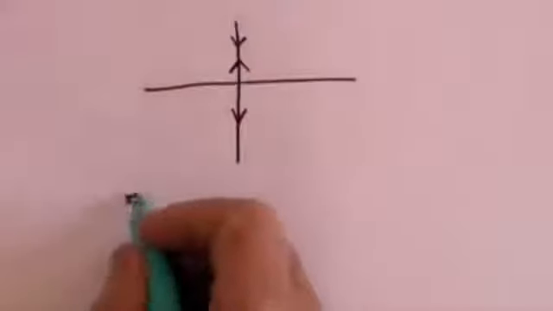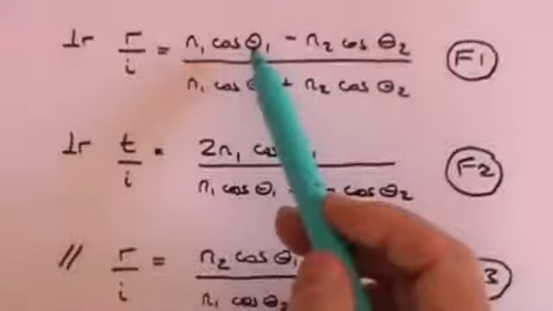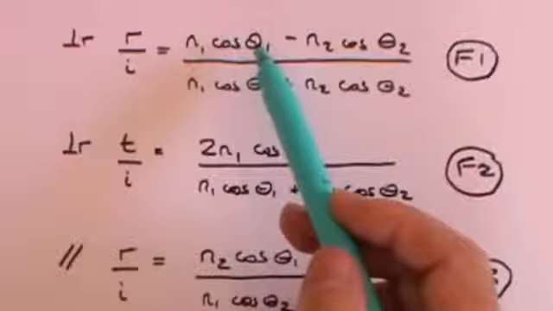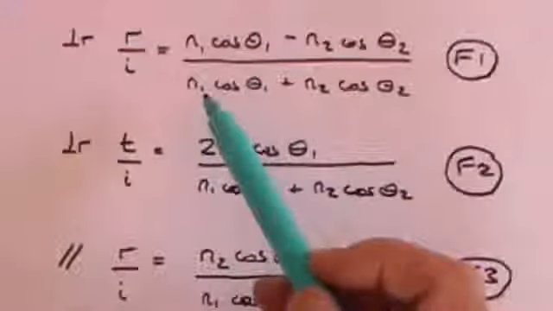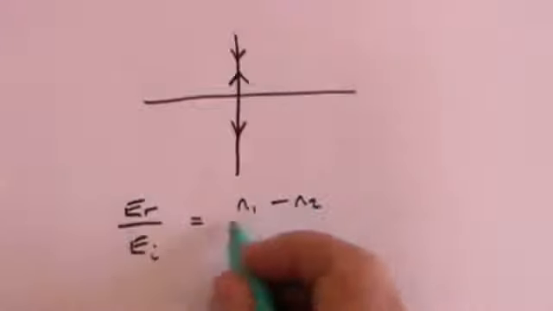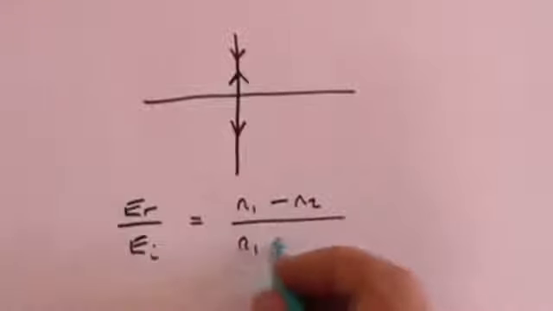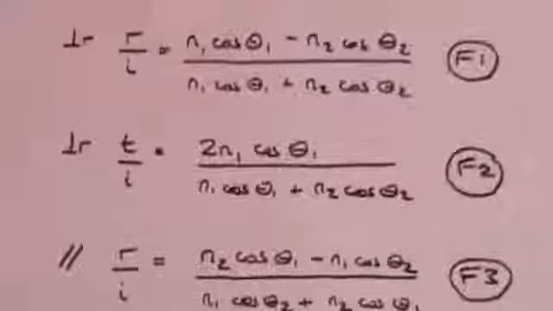Because as far as the ER divided by EI term is concerned, if you look up here, don't forget cos 0, because theta is 0, cos 0 will be 1, so this just becomes n1 minus n2 divided by n1 plus n2. So this is equal to n1 minus n2 divided by n1 plus n2. What about the transmitted?